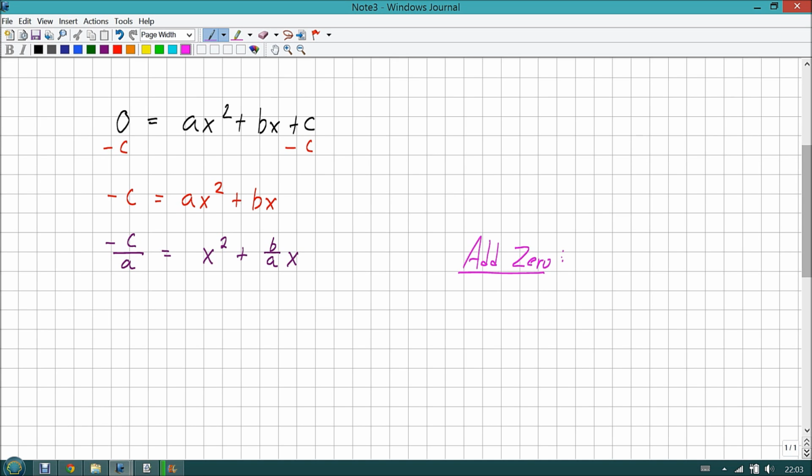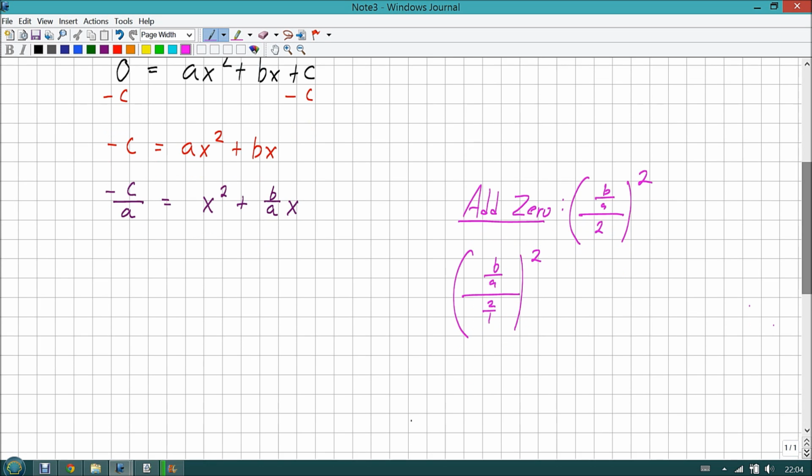So let's find out what that number would actually look like. We start out with b over a, and that's being divided by 2, and it's being squared. Well, to do that, I think we first have to turn this 2 into a fraction of 2 over 1. So I have b over a divided by 2 over 1, and that's being squared. And when you divide by a fraction, what do you do to the bottom fraction?